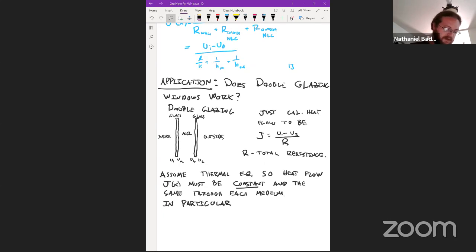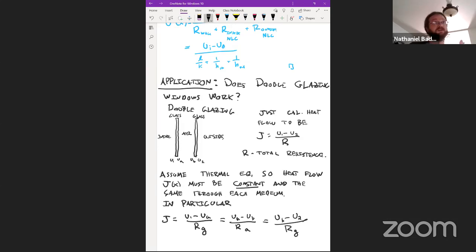So in particular, we should have that the total heat flow is just the heat flow through the first pane of glass, U1 minus UA over whatever the resistance in the glass is. And that needs to be equal to UA minus UB over R air, the heat flow through the air. And that needs to be the same as UB minus U2, which is also just going to be the resistance through the glass.